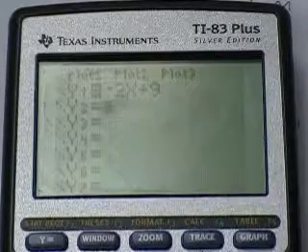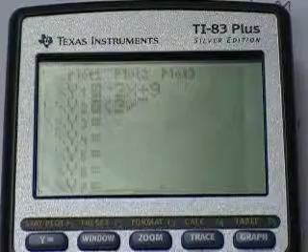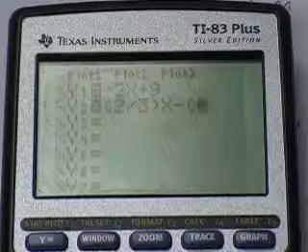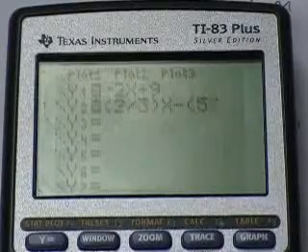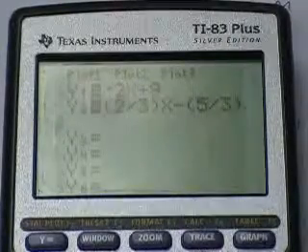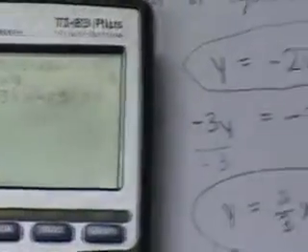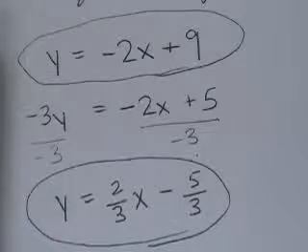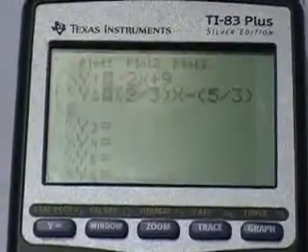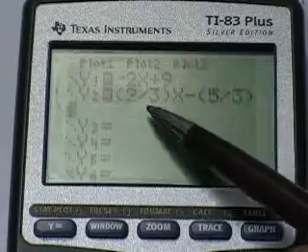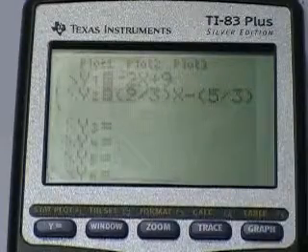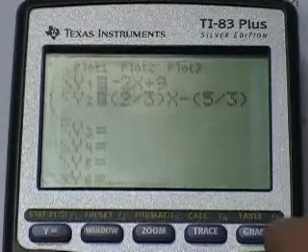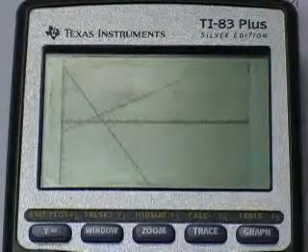And our second equation was 2/3 x minus 5/3. Okay? So there's our equations in real life: negative 2x plus 9 and 2/3 x minus 5/3. So that's the first step. And then I'm going to go ahead and just press graph.